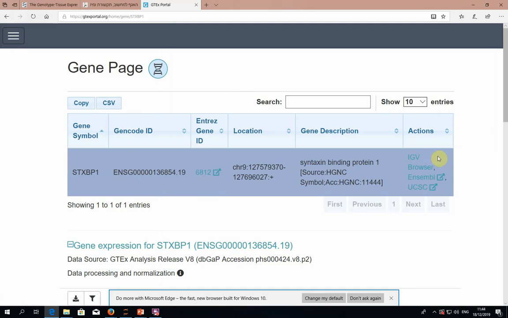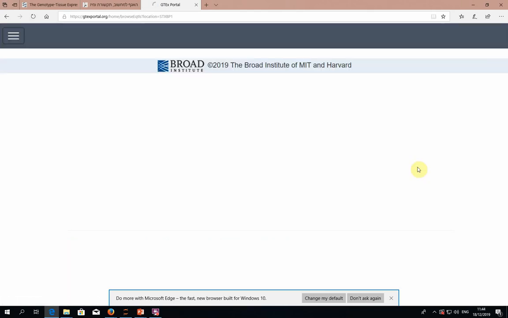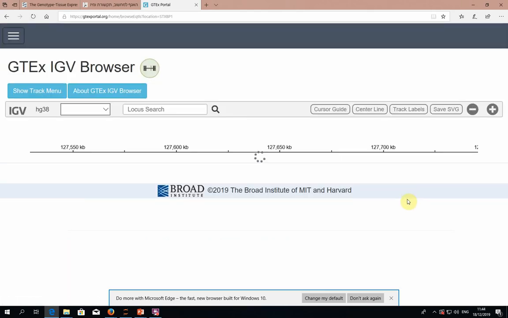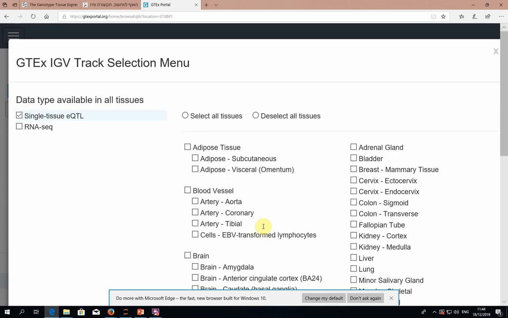But let's look at something which is kind of nice, the browser, as I mentioned before. If you look at their browser, you immediately see the gene. Let's not select all tissues, let's say take the adipocytes.